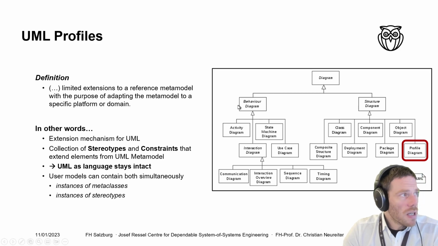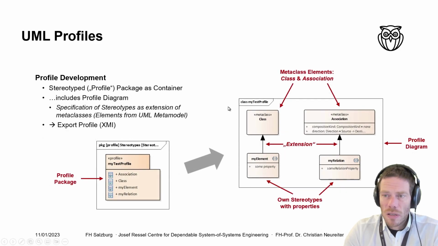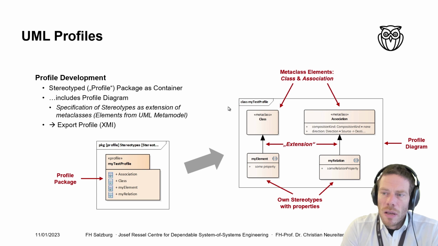Let me illustrate this on the basis of a small example. So let's say we want to create our own modeling element, which is called myElement, and we want to give it some property. Then we could say, okay, we take the class element from the UML meta model and we extend it with something that we call a stereotype.